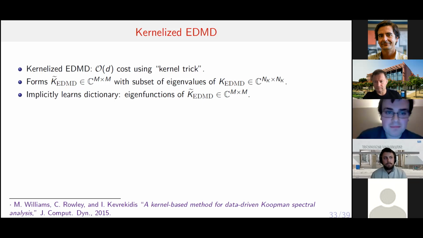By learned, I just mean that this matrix here obviously depends on the snapshot data. So in that sense, you're learning a dictionary by looking at the eigenfunctions. But there's a lot of tuning when you use these kernels. We use the Gaussian kernel with just the length scale, and that Gaussian was just chosen to normalize everything to mean zero, for example.